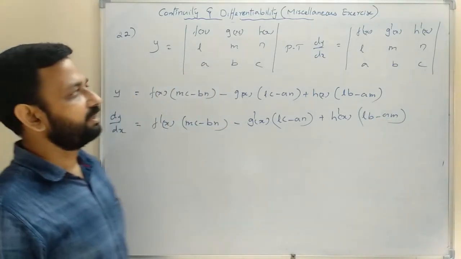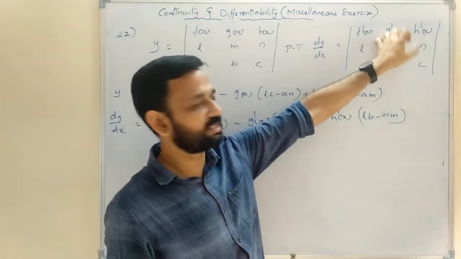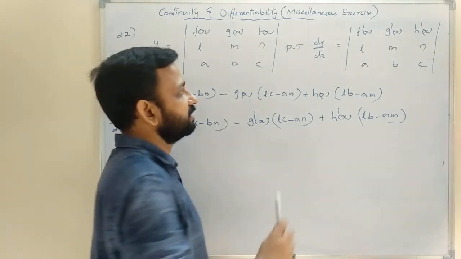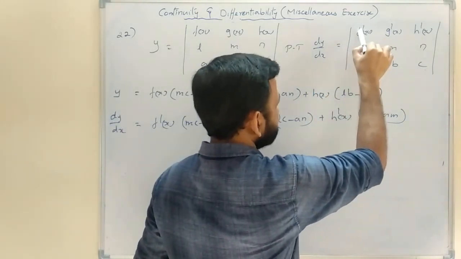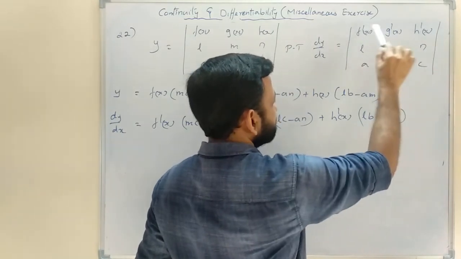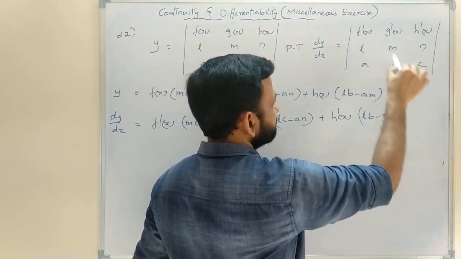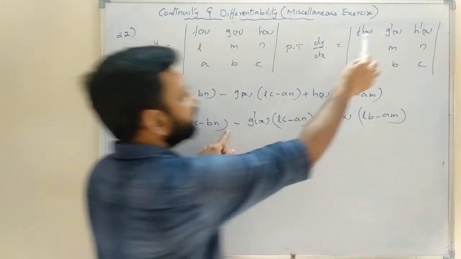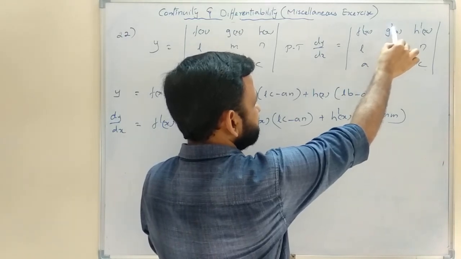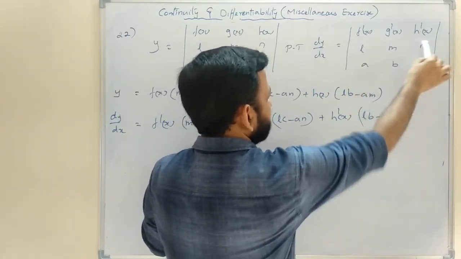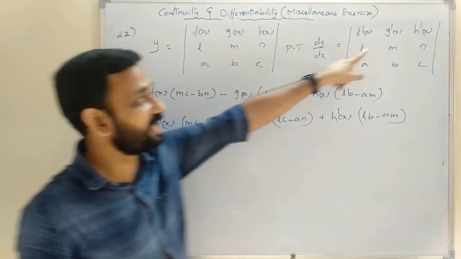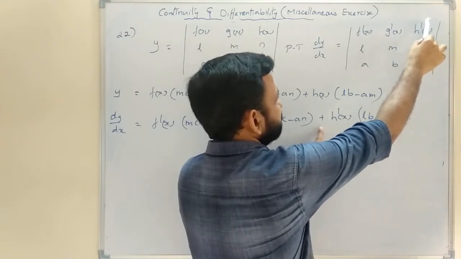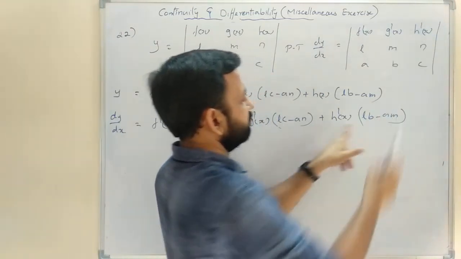Now we will find the value of this determinant. When we expand it by the first row, we get f dash x into (mc minus bn), minus g dash x into (lc minus an), plus h dash x into (lb minus am).